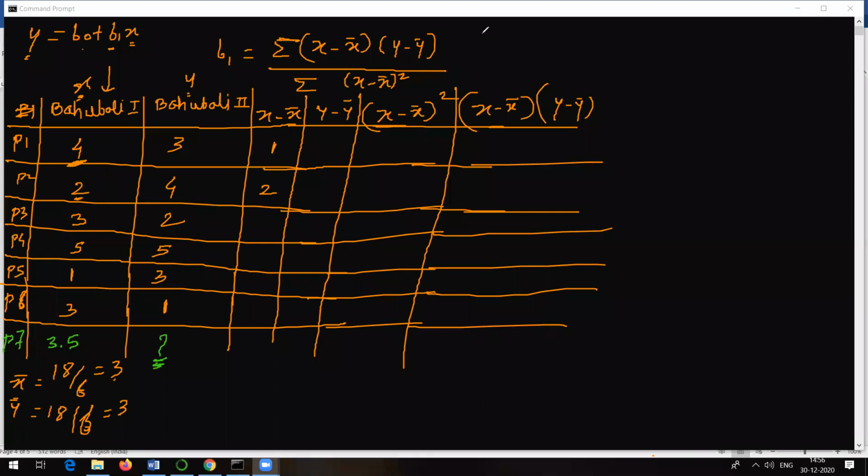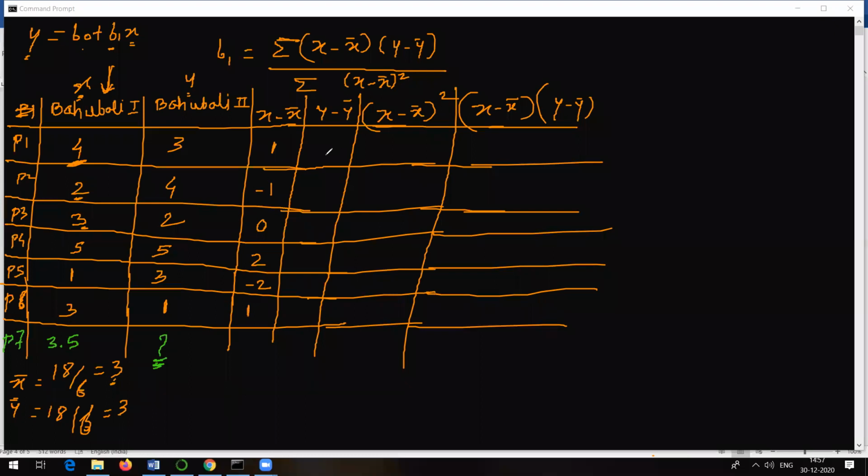Sorry, that was wrong. See, 4 minus 3 is 1. 2 minus 3 is minus 1. It should be minus 1, right? 3 minus this 3, it should be 0. Try to understand, I am trying to find out x minus x bar. This is my x. 5 minus 3 is 2. Then 1 minus 3 is minus 2. And 3 minus 2 is 1. This is what x minus x bar is.